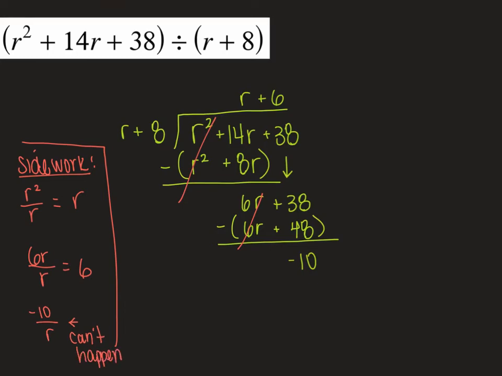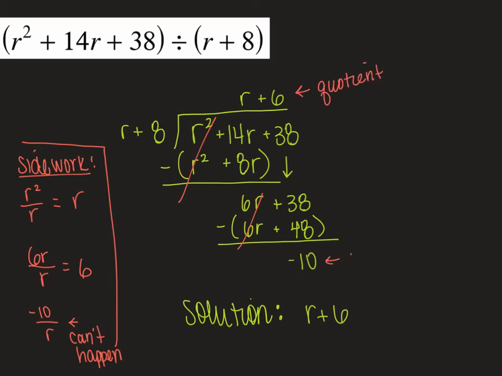So when we're writing out our final solution, you always want to have some sort of idea here of where you're going to write your solution, because it can get a little confusing if you just leave your work the way it looks. So we have our final solution, and it's going to be whatever we got on the top. So that's called our quotient. So we have r plus 6. This is our quotient.